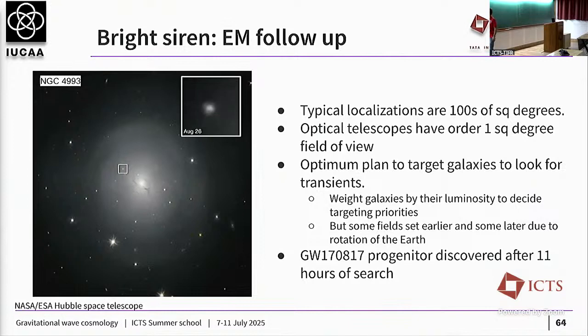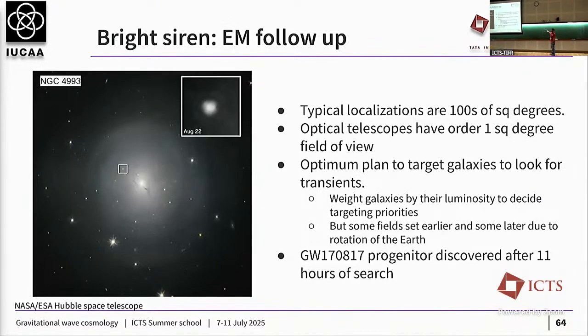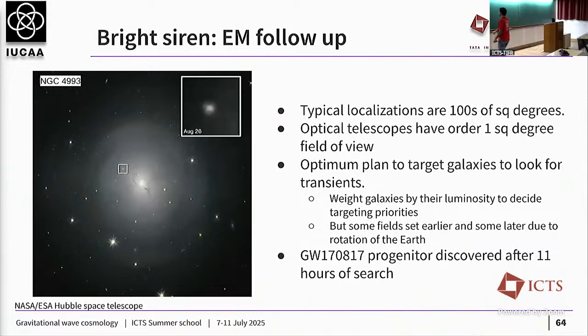Let's suppose this is the western direction. Ideally, you would like to target these, but there is also some probability that your gravitational wave event lies here. But these fields are going to set early. So you have to optimize how you can target which of these fields you should look at initially.